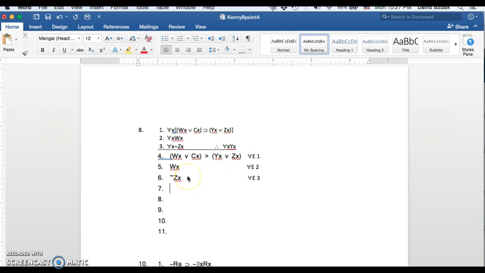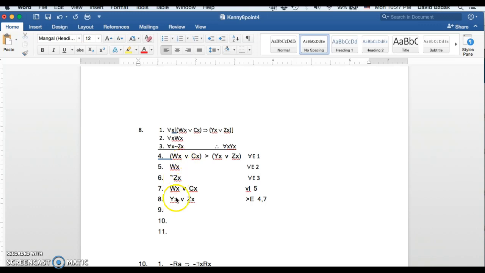Okay, so how do we do this? Well, our antecedent is a disjunction. We have one of the disjuncts, so we can add the other disjunct by disjunction introduction of 5. That allows us to get Yx or Zx by conditional elimination of 4 and 7.